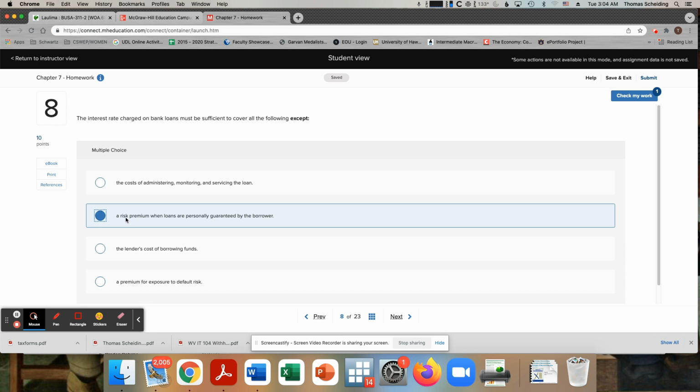So in this case, the risk premium in some cases could be higher, and for some it could be possibly a little bit lower. So it wouldn't be sufficient to cover both of them. The interest rate itself wouldn't be just that risk premium. This is not the only thing that determines what the rate would be.